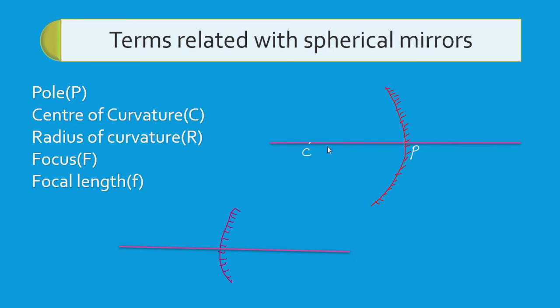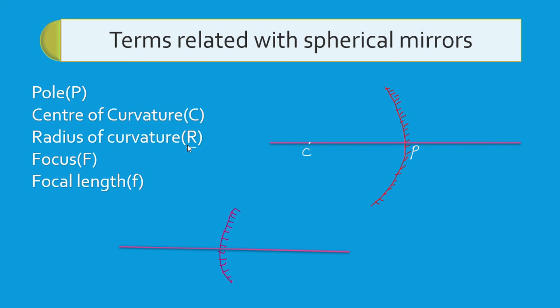The distance between the center of curvature and the pole of the mirror is called the radius of curvature. So the geometrical center of the mirror is called the pole. The center of the spherical reflecting part of which the mirror is a part is called the center of curvature. And the distance between the pole and the center of curvature is known as the radius of curvature of the mirror.